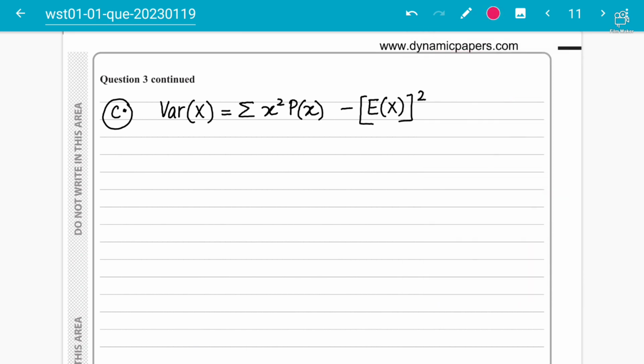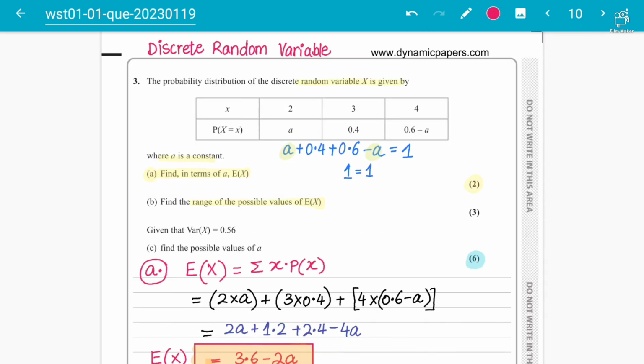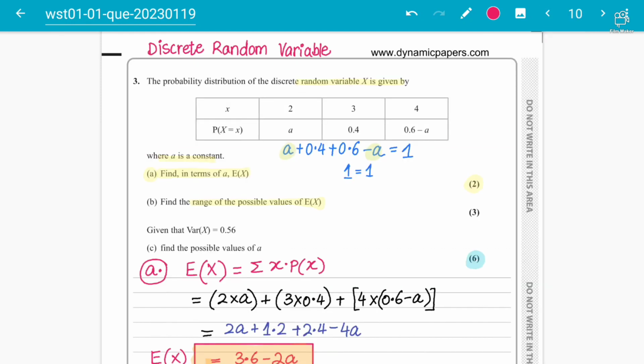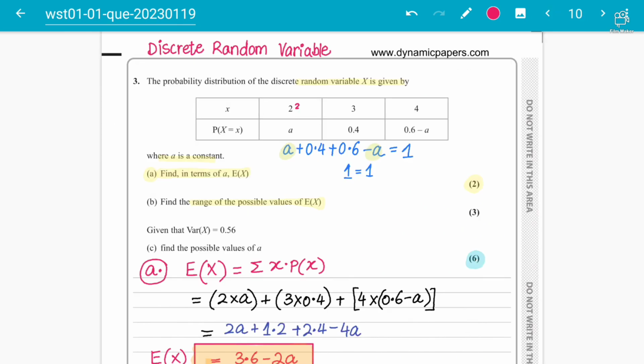So let's talk about how we are going to get it, okay? We already know that the variance is 0.56. They are telling us that the variance is 0.56. Now the first thing will be x square into probability, so it will be 2 square into a, which is 4 times a, okay? I'll do it directly. It will be 2 square, 3 square and 4 square, okay?